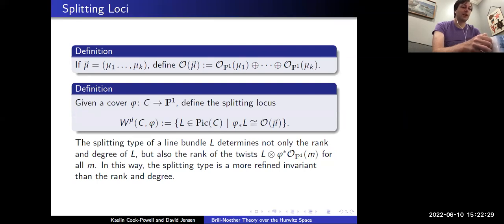Part of the reason I say that is because of what's written here. The splitting type of a line bundle determines its rank and degree, and it also determines the ranks of all the twists, if you take L and twist it by some pullback of a line bundle on P1. So the splitting type is a more refined invariant than the rank and degree of a line bundle.